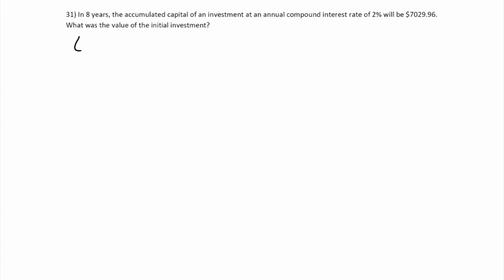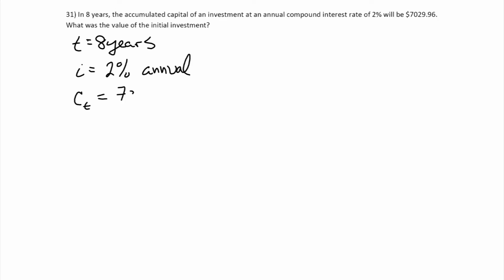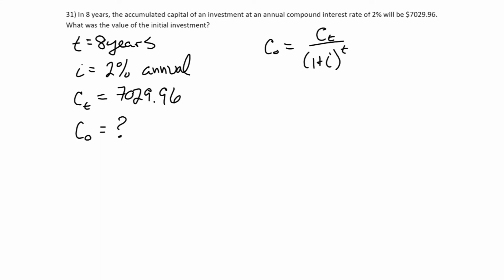In 8 years, t is equal to 8 years, the accumulated capital of an investment at an annual compound interest rate of 2%, I is 2% annual, will be 7,029.96, there's our CT value. What was the initial value? C0 is our unknown. So we're going back to our formula for C0, which is equal to CT divided by 1 plus I to the exponent t.